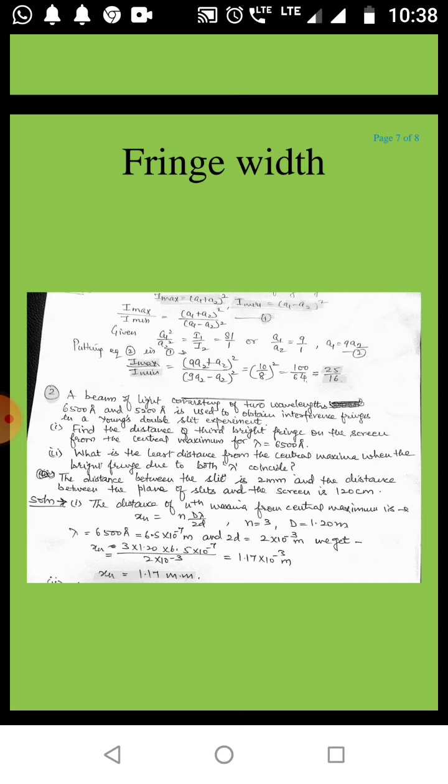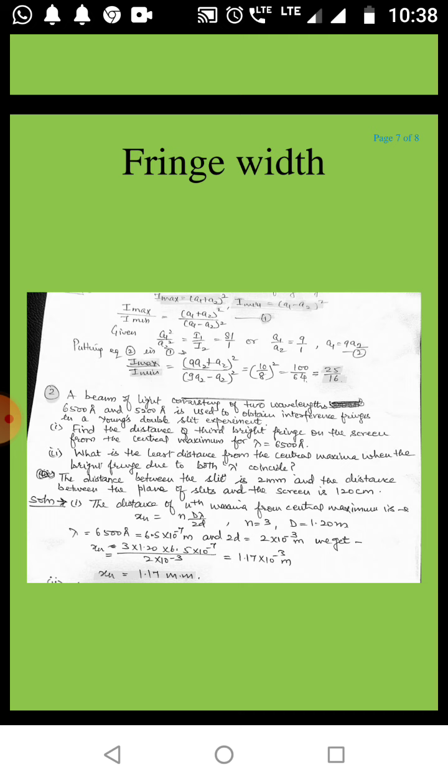that means the distance of the nth maxima or minima from the central point. The distance of the nth maxima from the central maxima is given by xn is equal to nDλ upon 2d. In the first case, n is equal to 3, because we want to calculate the distance of the third bright fringe from the central maximum.